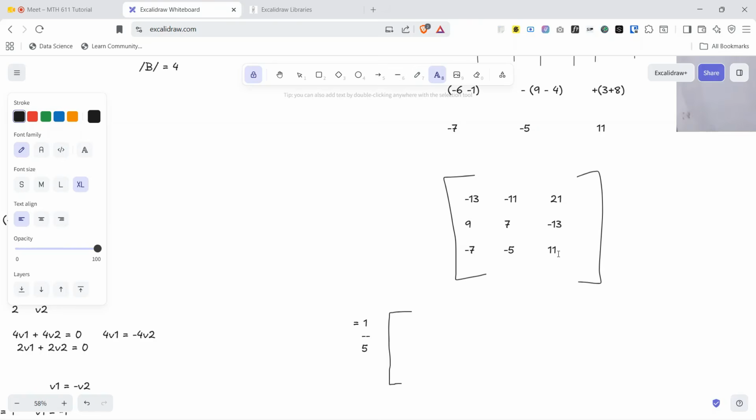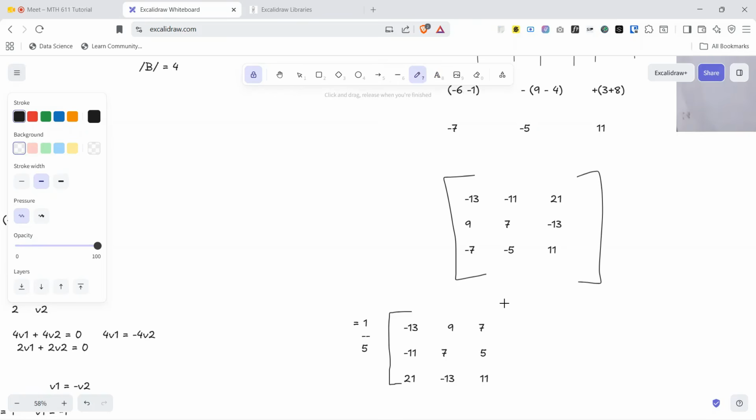So this will now be minus 13, 9, 7, minus 11, 7, 5, minus 7, 21, minus 13, 11. So this is the expected answer.